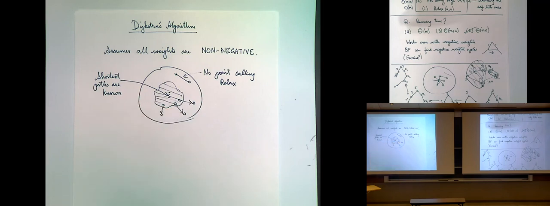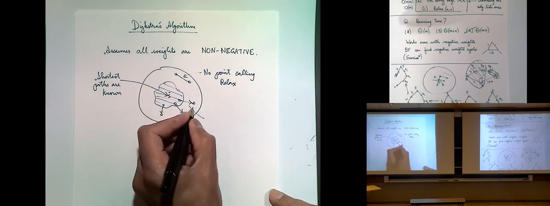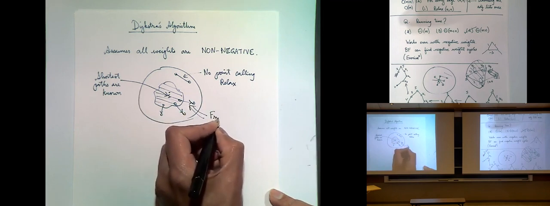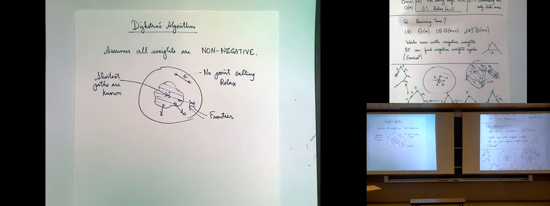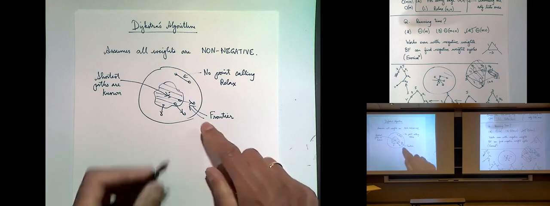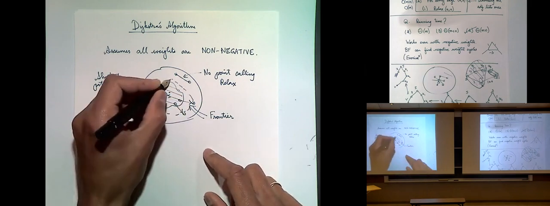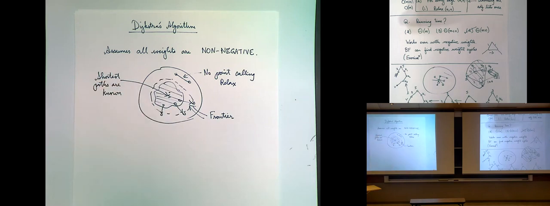These are called the frontier. Not the edges, but rather these vertices, the vertices that you reach just by going outside the shaded region. The shaded region is where you know shortest paths. Suppose at some point the algorithm has figured out that these are the shortest paths, and I know they're correct. Then it only needs to look at the frontier, right? And that's how we're going to save effort.